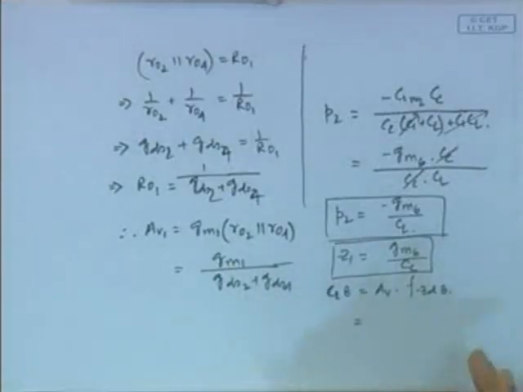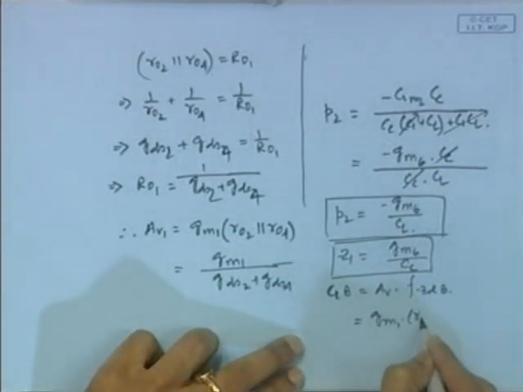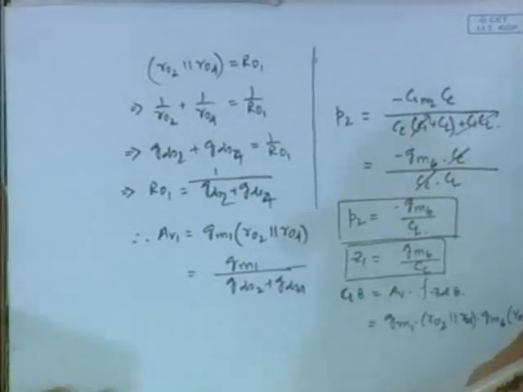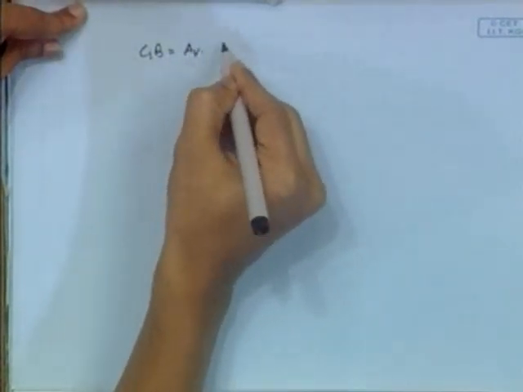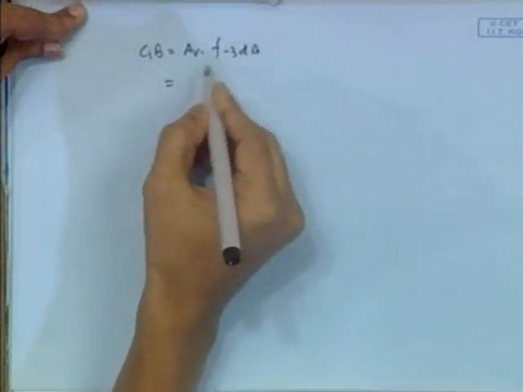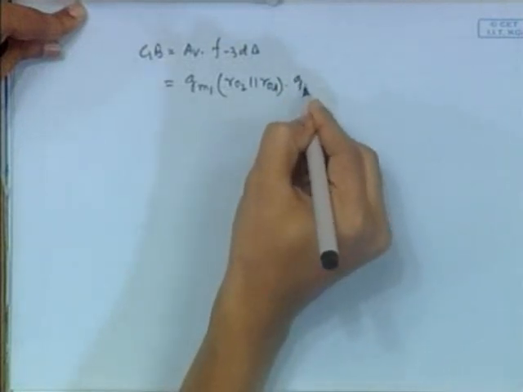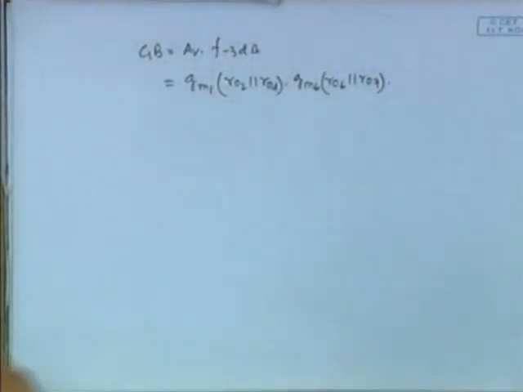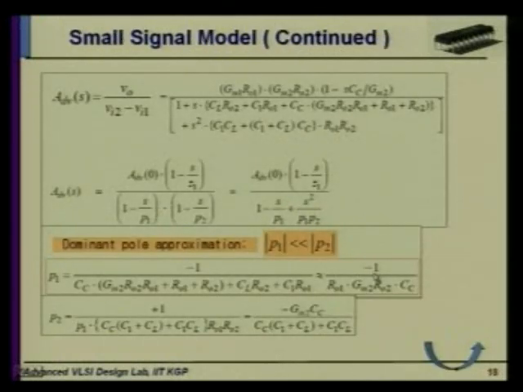And what is the voltage gain? AV is nothing but, which I just told you, that GM1 into R02 parallel R04 into GM6 into R06. Okay, I am just going to the second page because it's AV into F minus 3 dB. So AV is basically GM1 into R02 parallel R04 into GM6 into R06 parallel R07. And what about P1? What is the value of P1? Value of P1, we can write it from here.